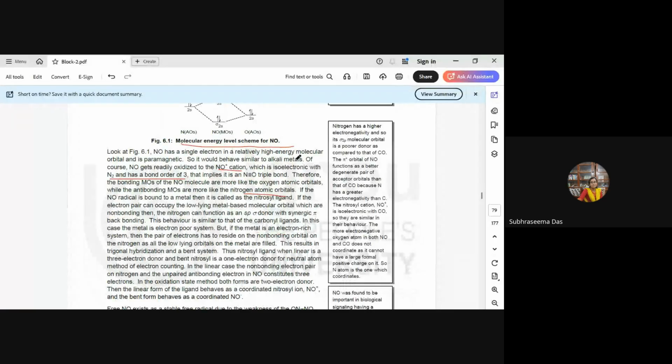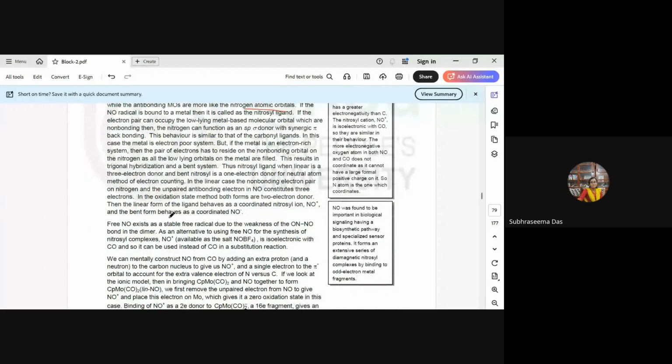If the NO radical is bound to the metal, then we call it the nitrosyl ligand. If the electron pair can occupy the low-lying metal-based molecular orbital, which is non-bonding, then the nitrogen can function as a sigma donor with synergic pi bonding. Free NO exists as a stable free radical because of the weak NO-NO bond in the dimer.